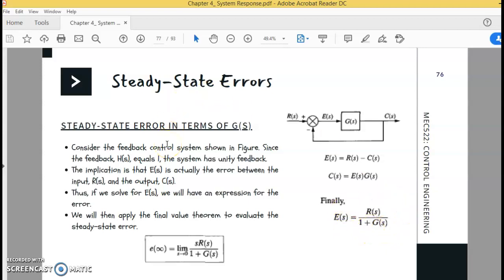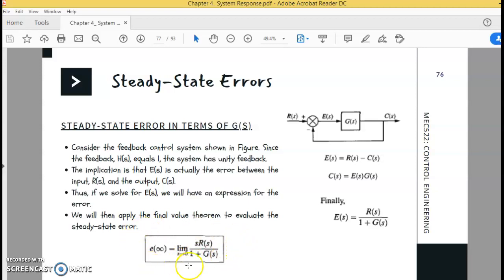But for the steady state error, e_ss equals the limit as s approaches 0 of s multiplied by E. You just replace E by this equation. Lastly you get e_ss equals the limit as s approaches 0 of s multiplied by R divided by 1 plus G(s).